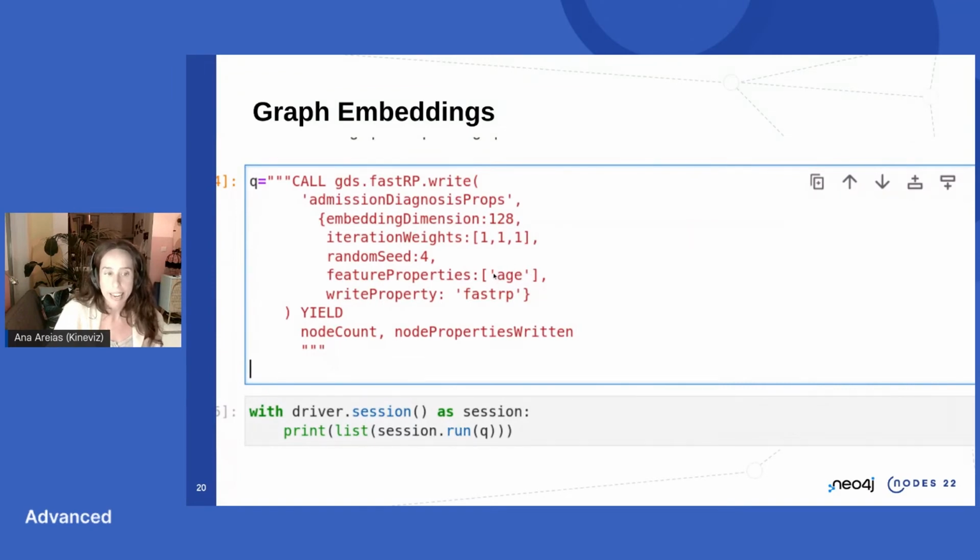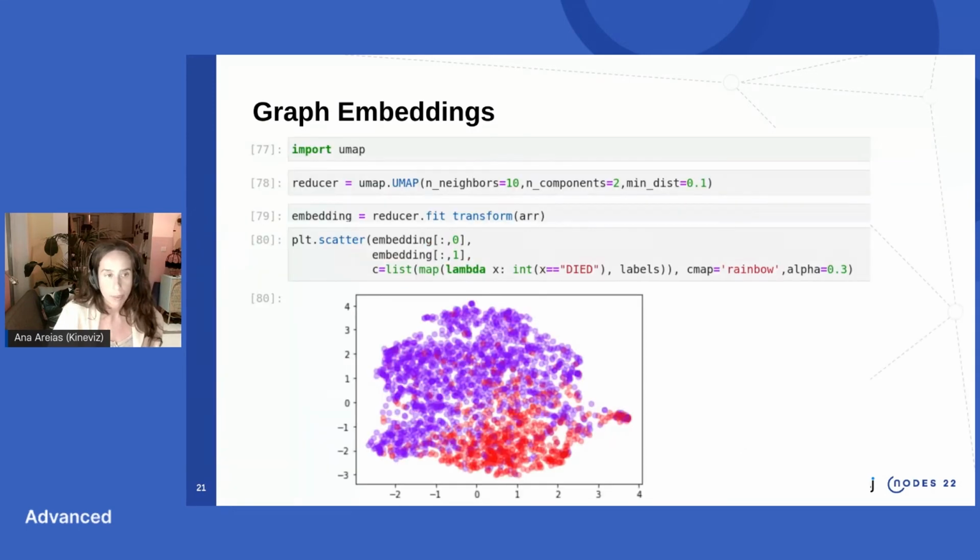So here we added age. And one of the hyperparameters for this algorithm is how much the algorithm should weigh topology versus node characteristics. That's something that you can tune for and choose to see what's the best performing parameter.